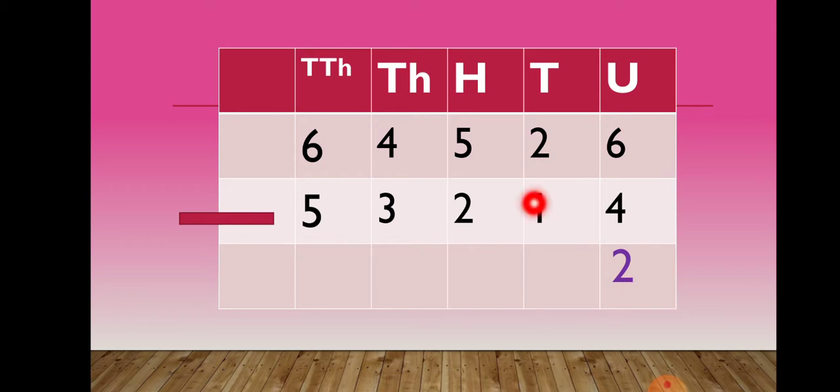Now subtract 1 tens from 2 tens, 1 tens. Subtract 2 hundreds from 500, remain 300. Subtract 3,000 from 4,000, remainder 1,000. And subtract 5,000 from 6,000, remainder 1,0000.